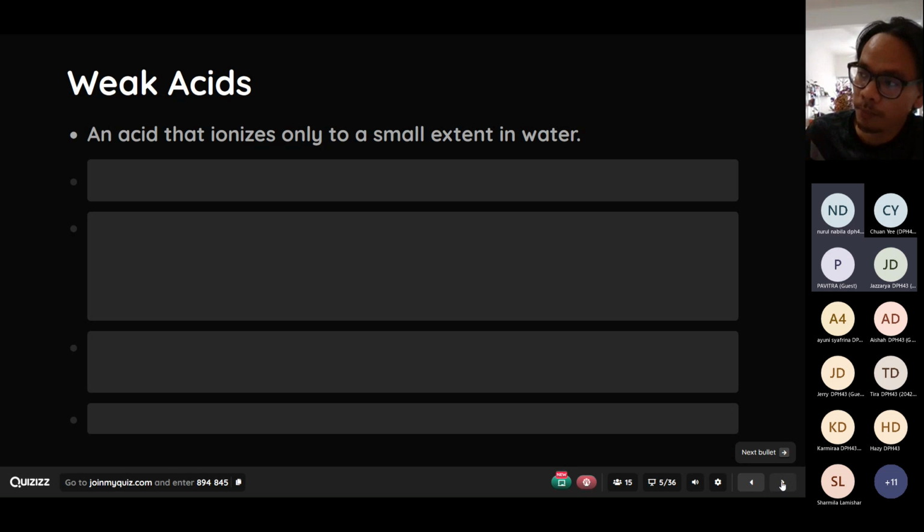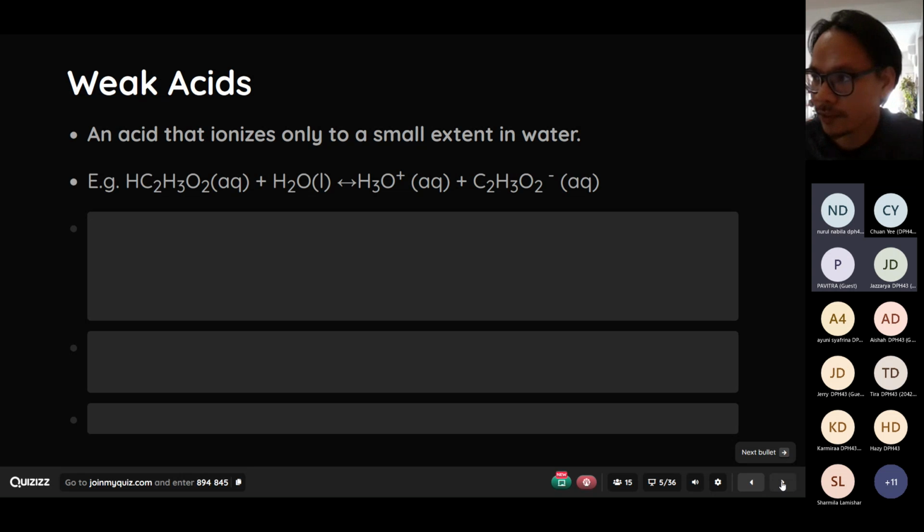It ionizes partially to produce hydronium and hydrogen ion. A small amount of ion saja terhasil. Contohnya macam acetic acid. This is acetic acid. Okay, bila dia larut dalam air, dia akan menghasilkan H3O+ dan this ion C2H3O2- ion.